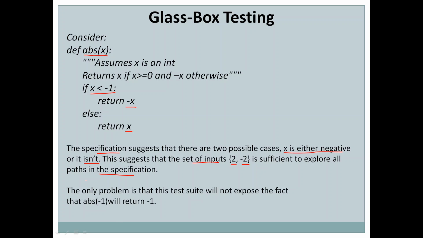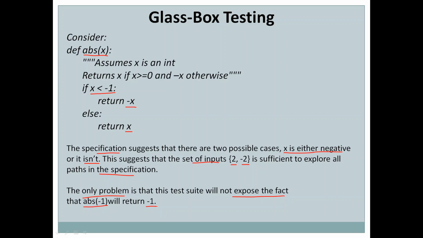So if you look at the code, the only problem is that this test suite will not expose the fact that ABS of minus 1 will return minus 1. So this function still has a bug when we pass a value of minus 1.